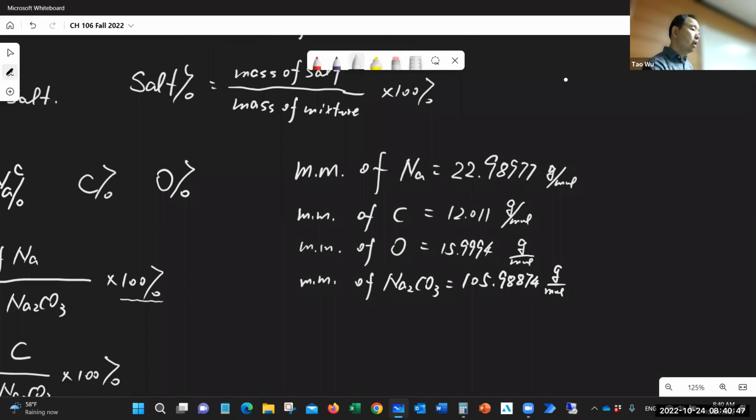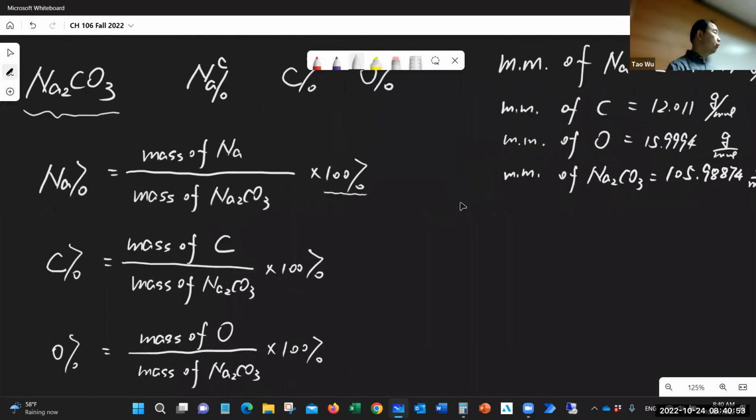All right, so now we have the molar mass of each. Let's figure out the percent composition for each of these. The first one should be equal to the mass of sodium. The point is, the mass of sodium is not the molar mass of sodium.